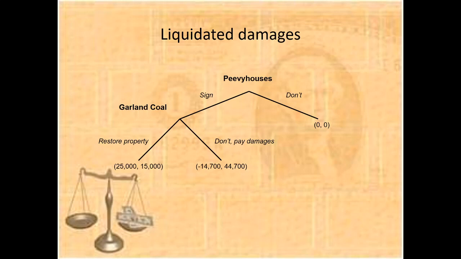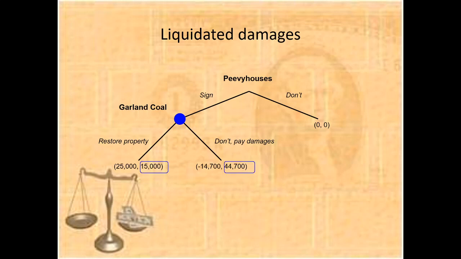The 14,700, which is actually your diminishing value, and the other person is losing 14,700 rupees because they will get only 300 as damage, and 44.7 thousand with Garland.